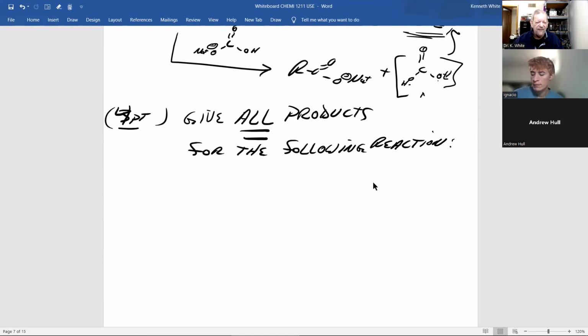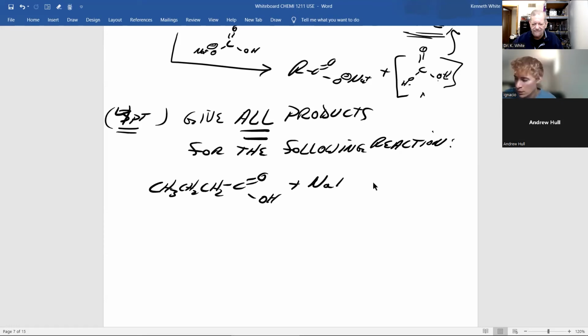But now, 4 points, give all the product or products for the following reaction. So let me get a reaction on the board for you. Since I haven't done one, it's my turn. What do we have here that's different? Carbons. Ooh, carbonyl with a hydroxyl group.